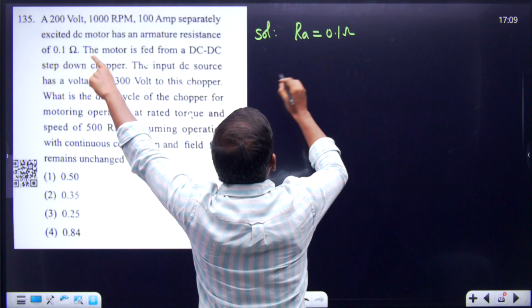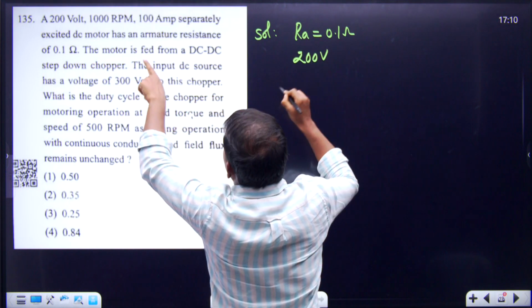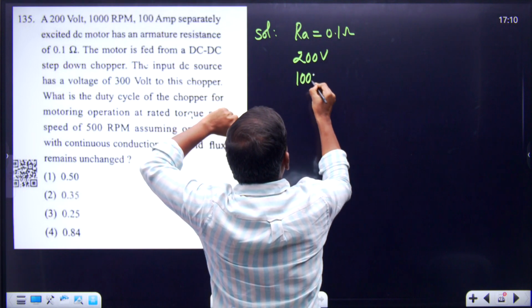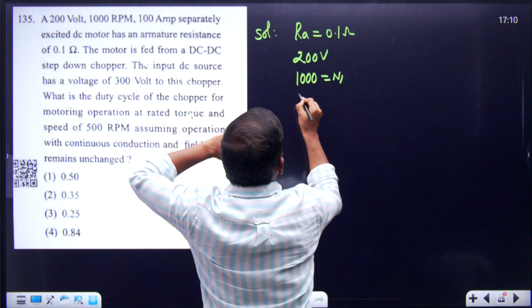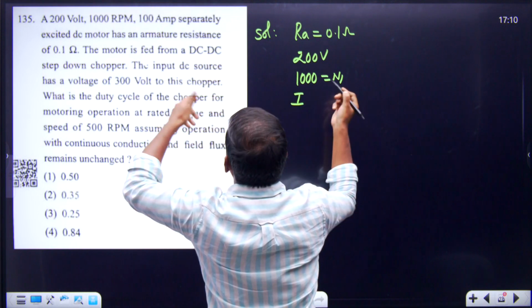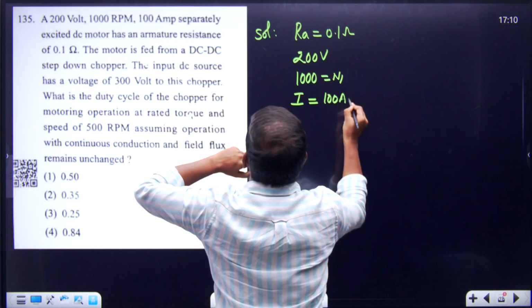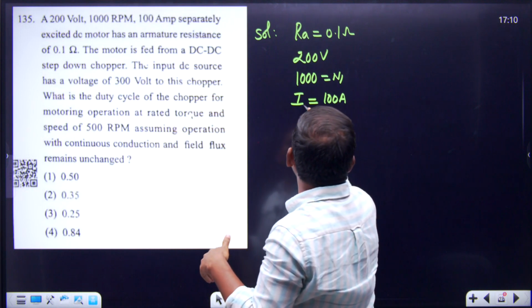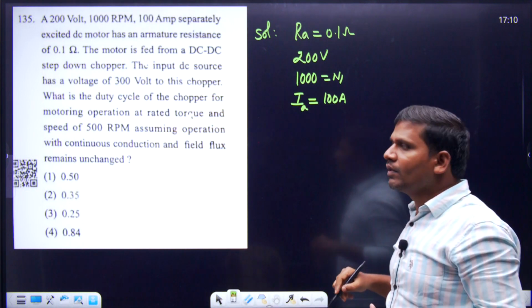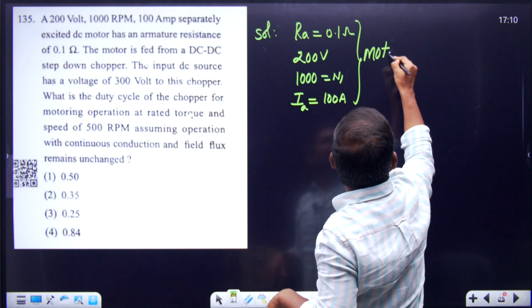First, the motor data: 200 volts, speed N1 is 1000 RPM, and the armature current is 100 amperes. It is a separately excited DC motor. This is the motor data, students.